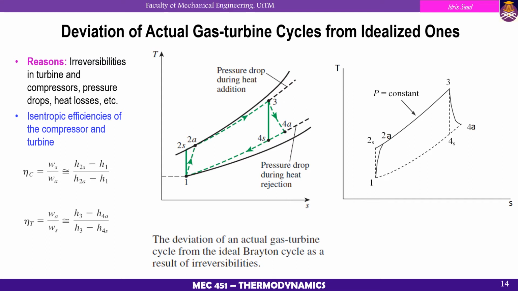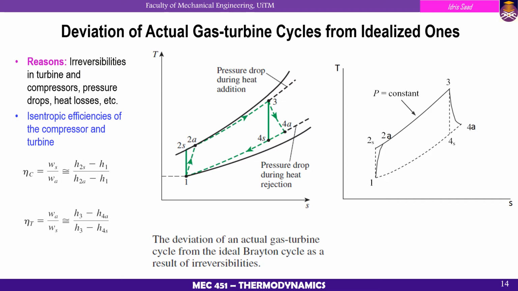Based on chapter 4, we have learned that the deviation of the performance or efficiency of the steady flow devices is based on the irreversibilities. Due to irreversibilities in the turbine and compressor, the efficiency will drop from the ideal condition. In addition, the pressure will also drop as well as heat is lost from the system.